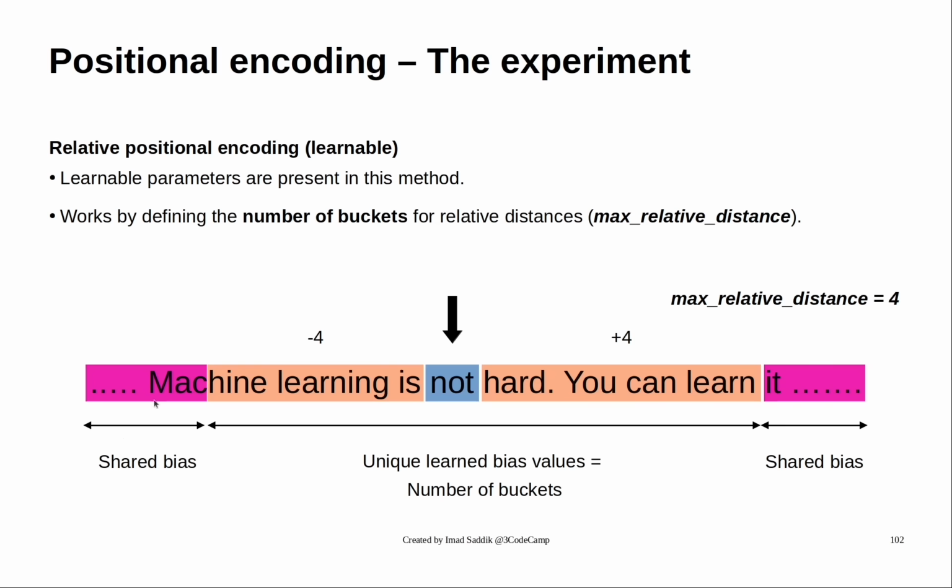What bias do we take? Let's take the tokens that are on the left. These ones will use the first value from the unique learned bias values. And the ones on the far right will use the last value from this range. This way, the model does not learn absolute positions, but learns how far apart two tokens are.